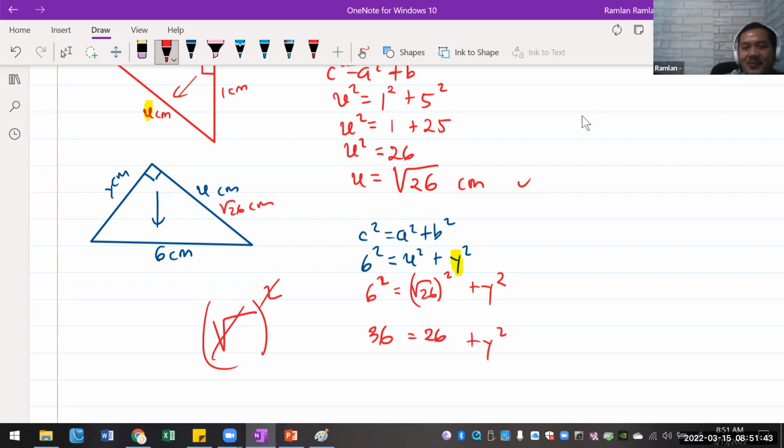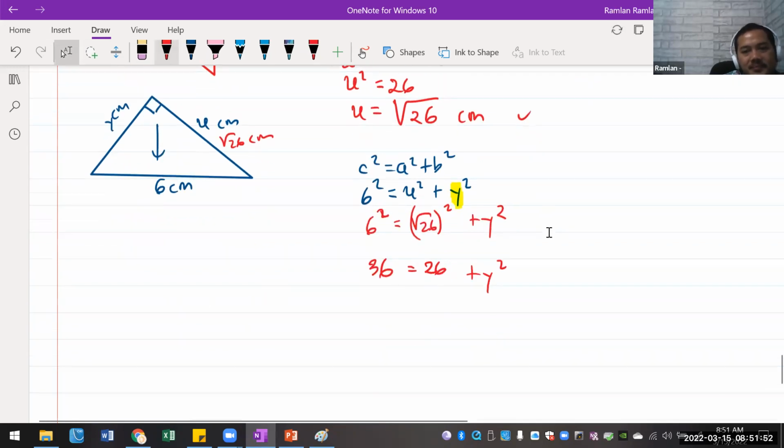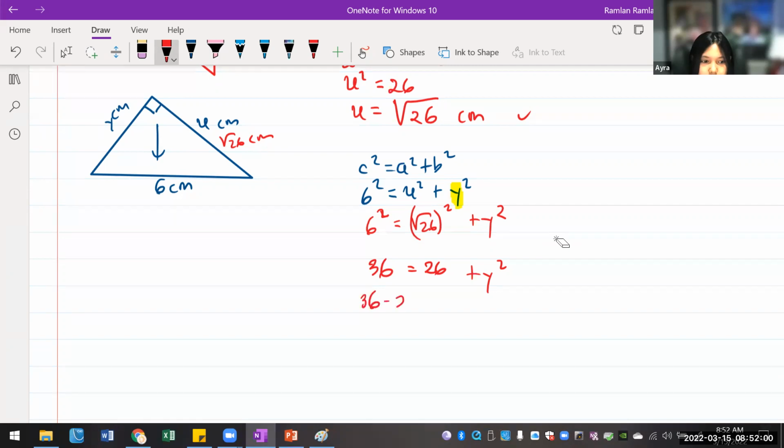Okay, plus y squared. Okay, gonna go to Aira. Aira, what's the next step? Isn't it 36 minus 26, Sir? Okay, correct. Equals to y squared. Continue. What is 36 minus 26? 10.